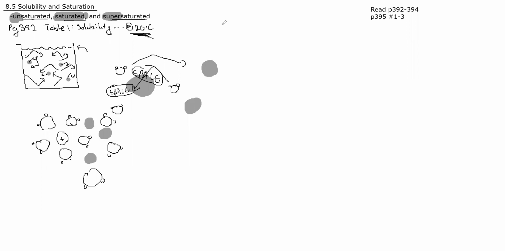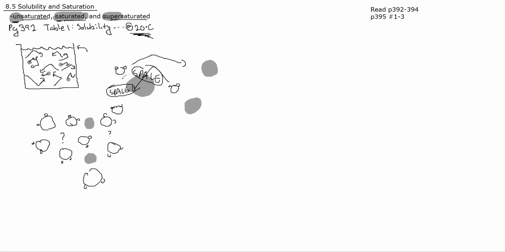If not all the space is filled up, for example, let's pretend this part right here and that part right here was empty, well, then this solution is unsaturated. Confusion? Questions? Send me a message. But that is, I think, an easy way to discuss unsaturated versus saturated. These two definitions are a little bit easier to digest.